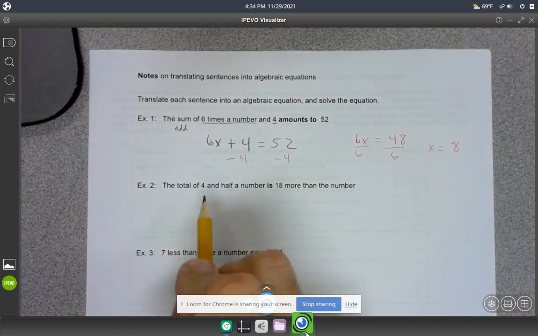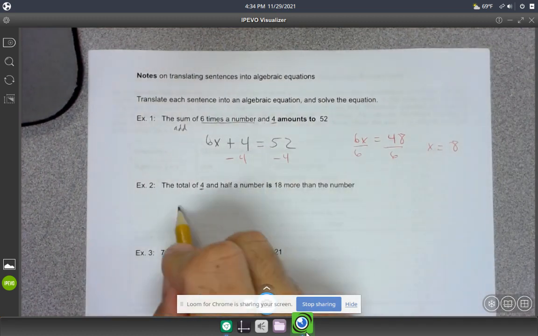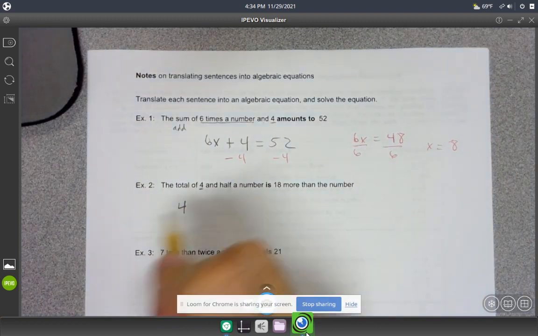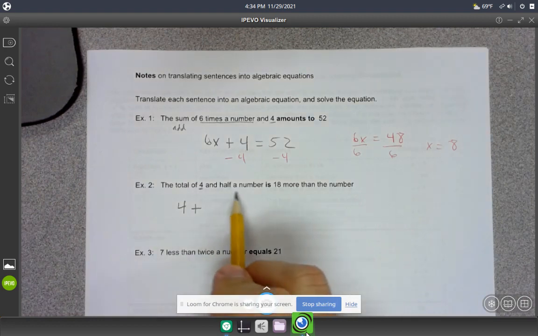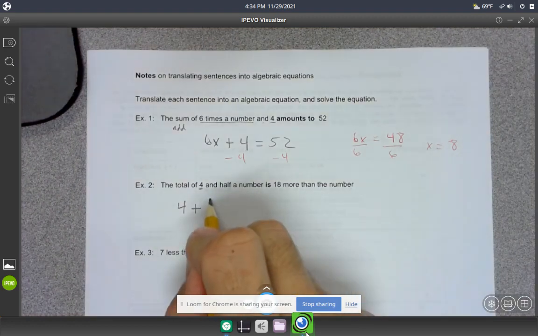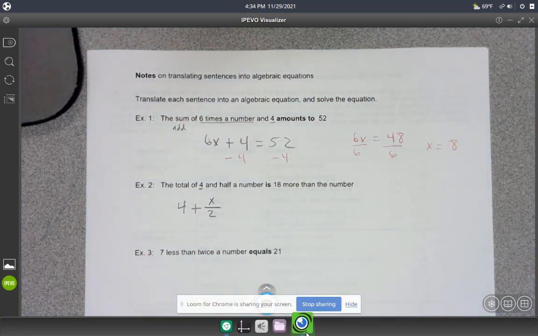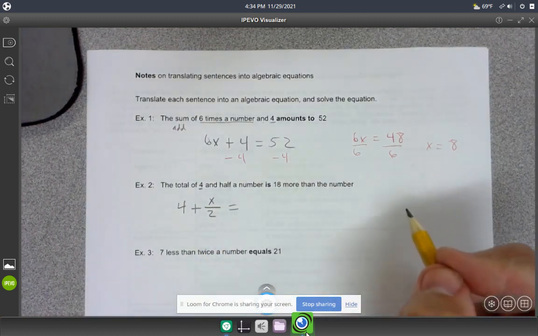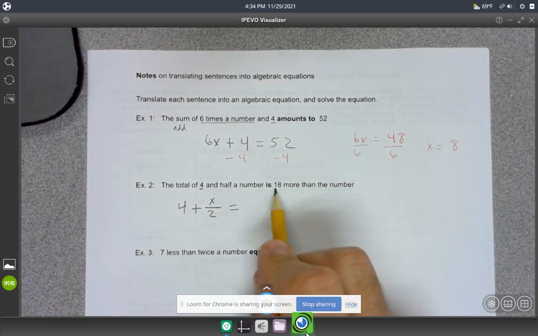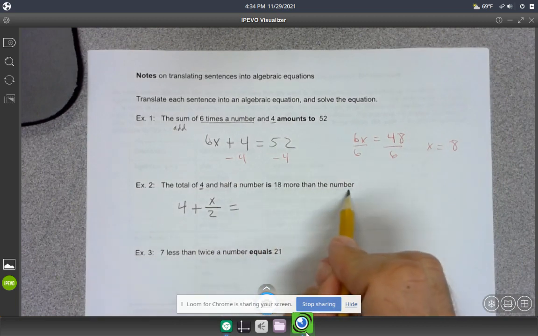The total of 4, so that's going to be my first part, 4 plus, 4 and half of a number. So I'm going to take some number and cut it in half, or divide it by 2. The total of 4 and half a number is, so it's equal to, here we go, 18 more than the number.